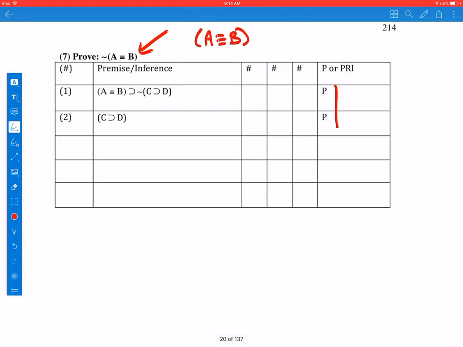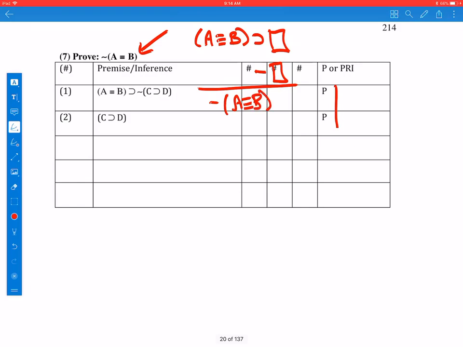So that would be A if and only if B, in the antecedent of a conditional, and then you're going to look for the opposite of the consequent, and then you could do the modus tollens to get not A if and only if B.